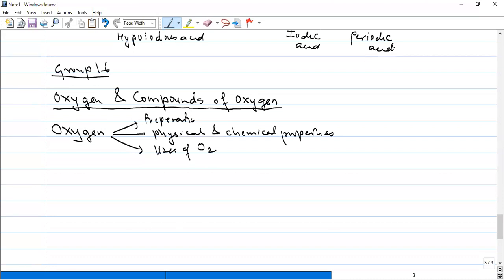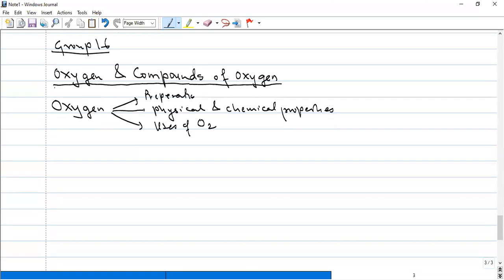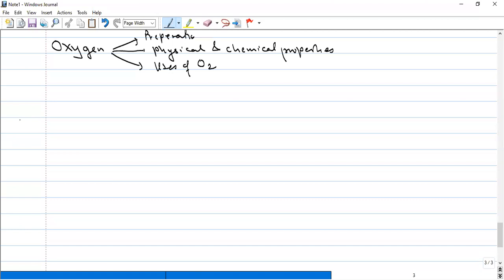Okay. Let's see first preparation. Laboratory method of preparation of oxygen. How oxygen is prepared.